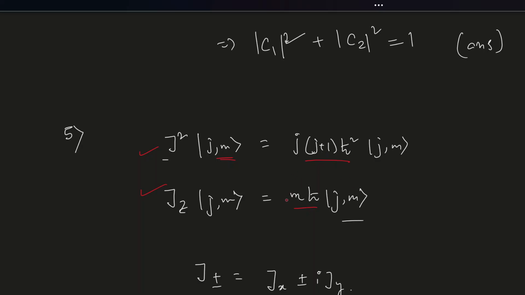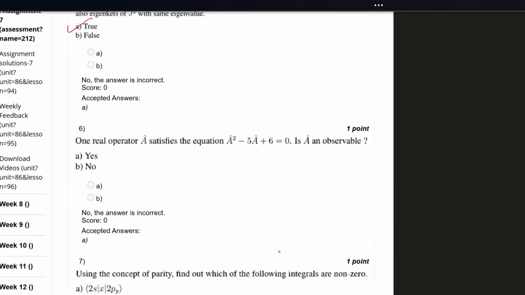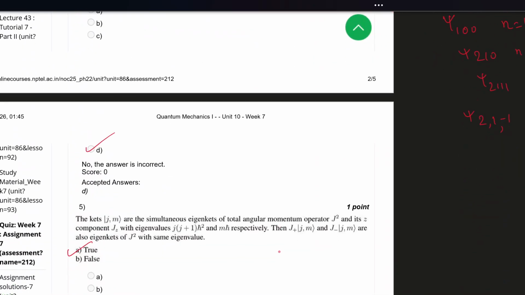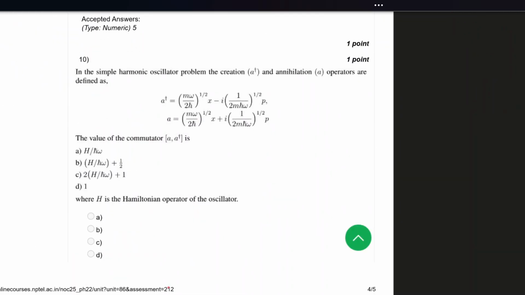So let us go back to the question once again. Question number 5 was that you had to prove J plus on jm and J minus acting on jm are both eigenkets of J square with the same eigenvalue.